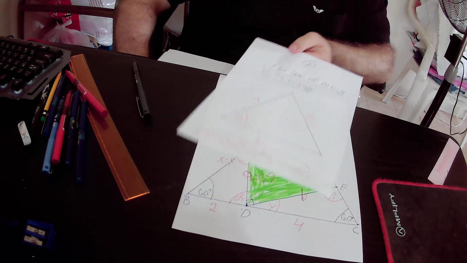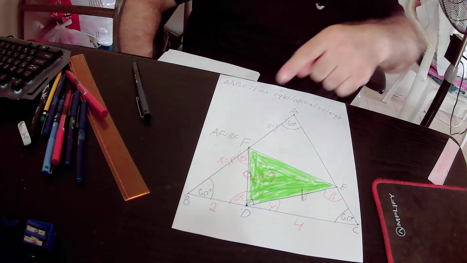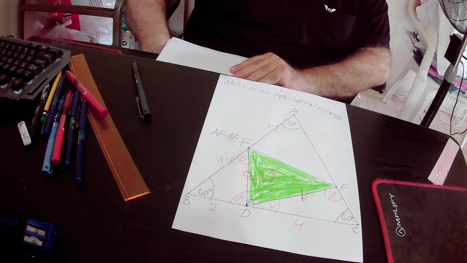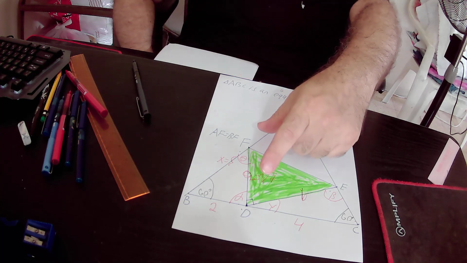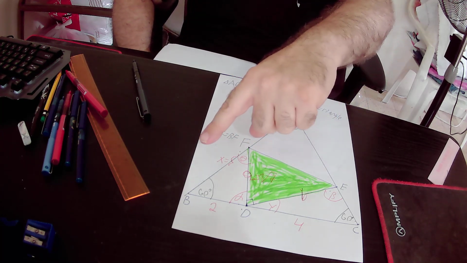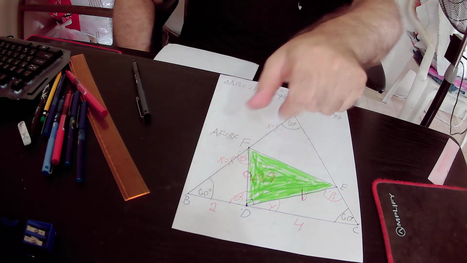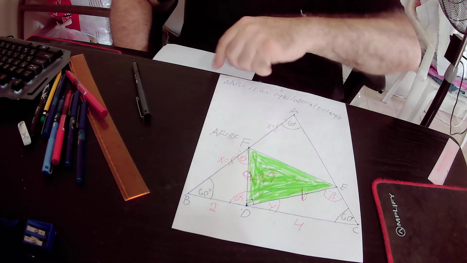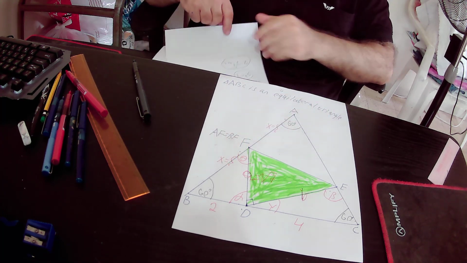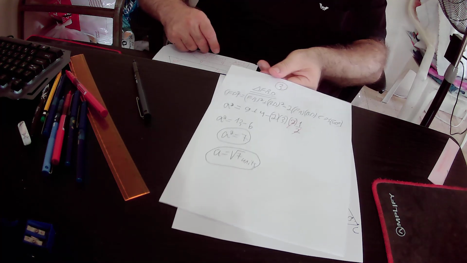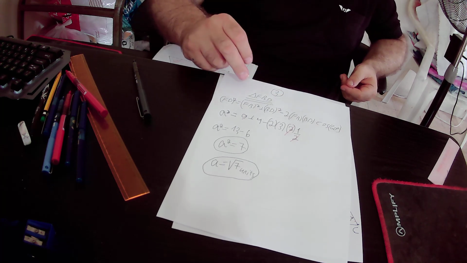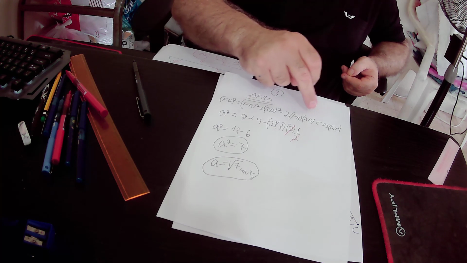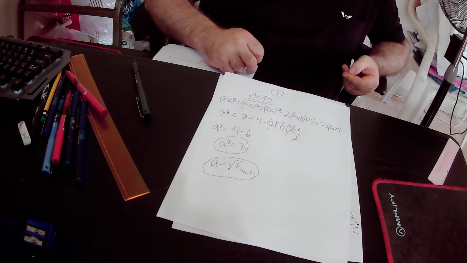So we can apply the law of cosines in the small triangle FBD: FD squared equals FB squared plus BD squared minus 2 times FB times BD times cosine 60 degrees.